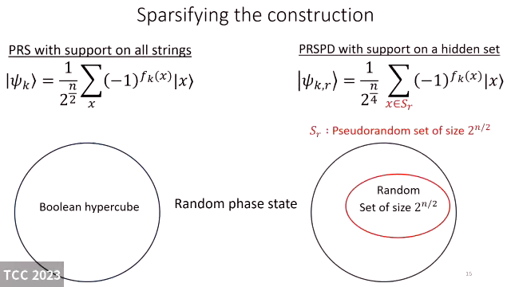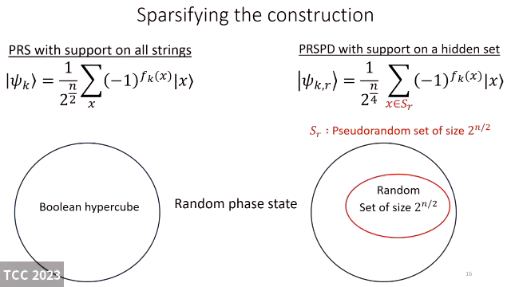Okay. So what we managed to do is that, look, the previous construction has the problem that the superposition is over all the strings, and therefore we don't know how to do proof of destruction because there is not enough structure. So what we do is that we sparsify the construction.